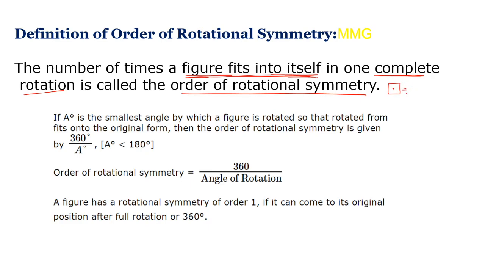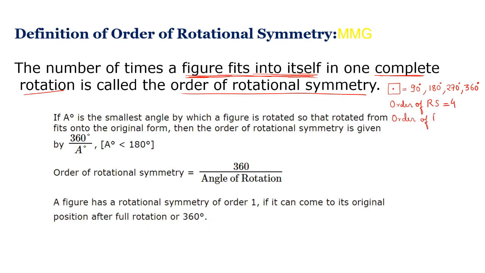This square will be in its original form after 90-degree rotation, 180-degree rotation, 270-degree rotation and 360-degree rotation from the original position. So here, children, your order of rotational symmetry is 4.